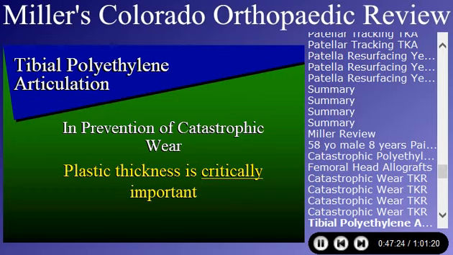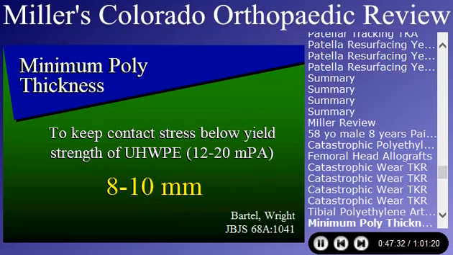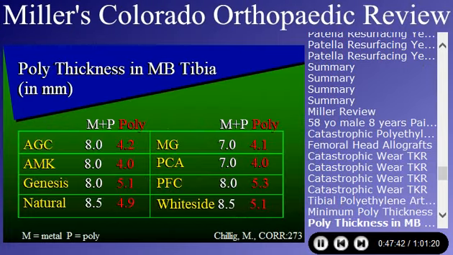Wright and Bartel have shown that you've got to keep the polyethylene at a certain thickness, otherwise you're going to have high stresses to the polyethylene. To keep the contact stresses below the yield strength of ultra high molecular weight polyethylene, you've got to be at least 8 to 10 millimeters. On the boards, if you see this, answer 8 to 10. If you have the answers 4, 6, 8, 10, and 12, answer 8.